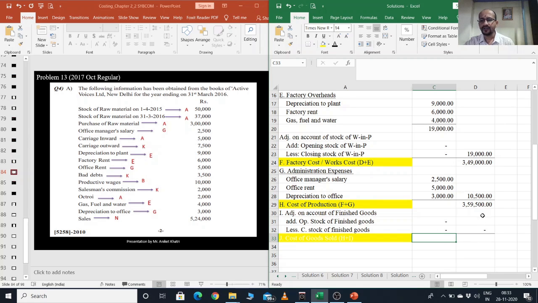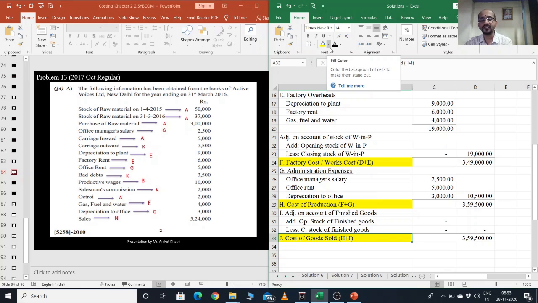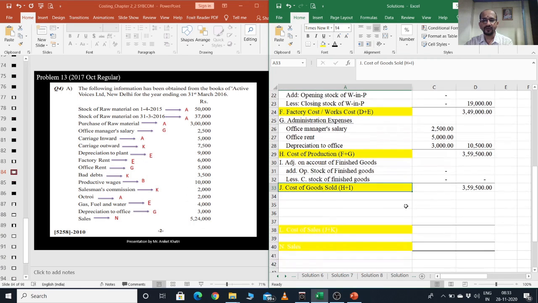Okay, so we need to do the total of this, so it's 0, so the same amount will be carried forward. So this is our cost of goods sold. Now after cost of goods sold we need to add selling expenditure, right? So selling and distribution expenditure.